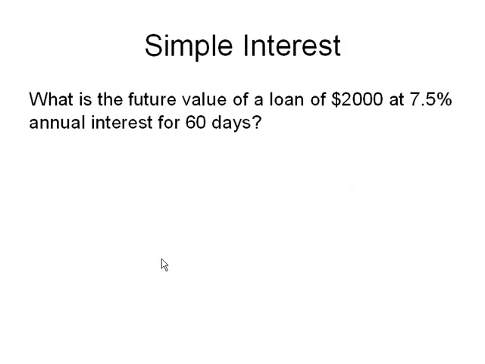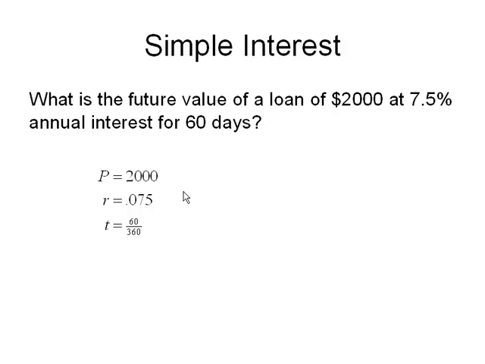So what is the future value of a loan of $2,000 at 7.5% annual interest for 60 days? So let's identify the pieces that we know. We know that P is equal to 2,000, that's the original amount. The interest rate is 0.075, that's 7.5% written as a decimal.